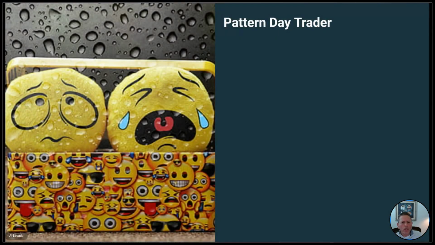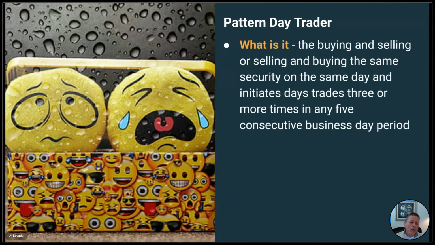All right, let's talk a little bit about the pattern day trader. Now with the market moving up and down, etc., you don't want to be in a position to trade SPX with an account below $25,000.